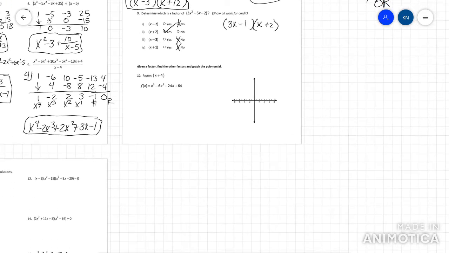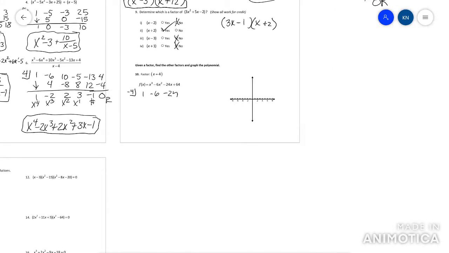So you can run synthetic here. And you get x squared minus 10x plus 16. Now you got to factor that further. It's going to be x minus 2, x minus 8.